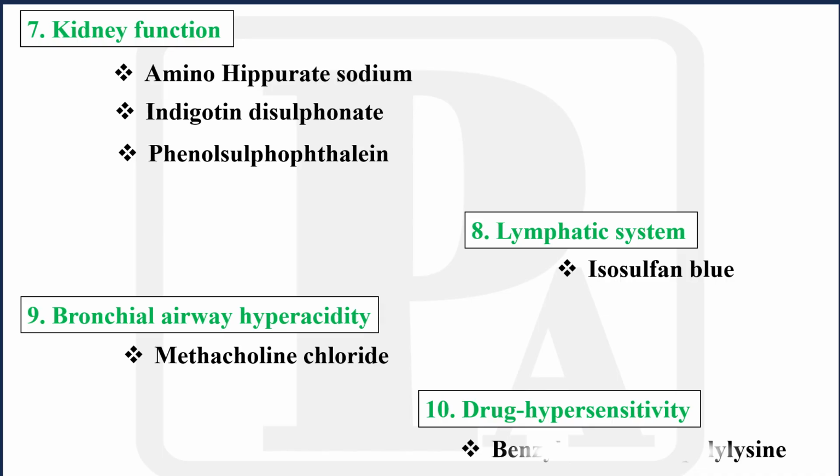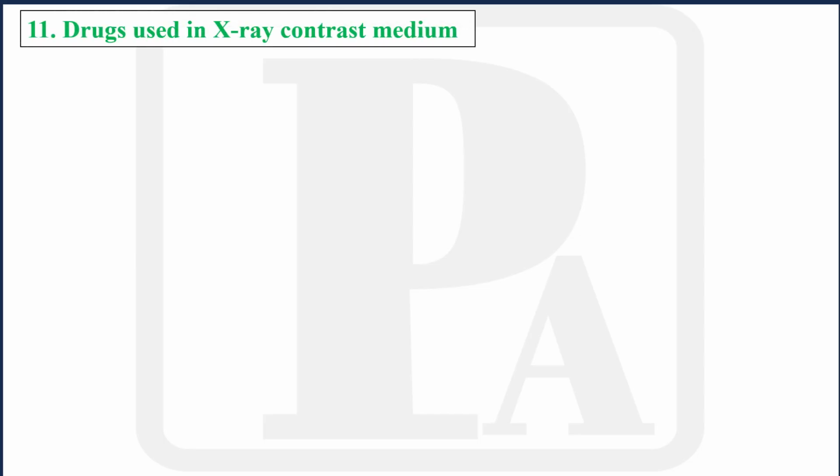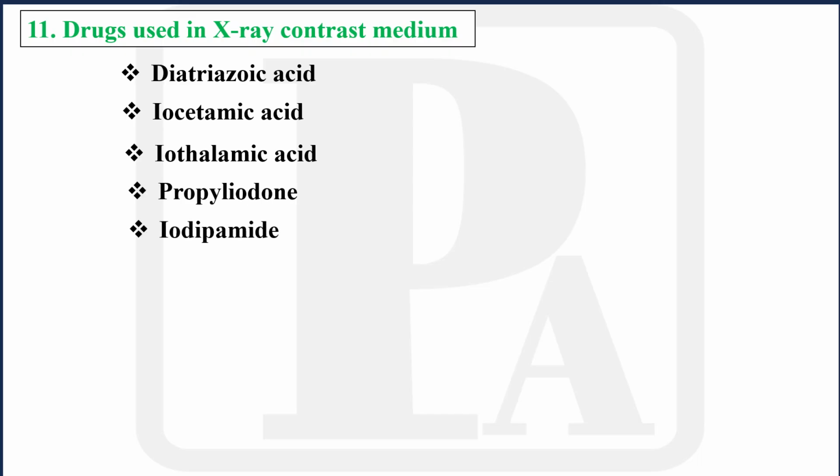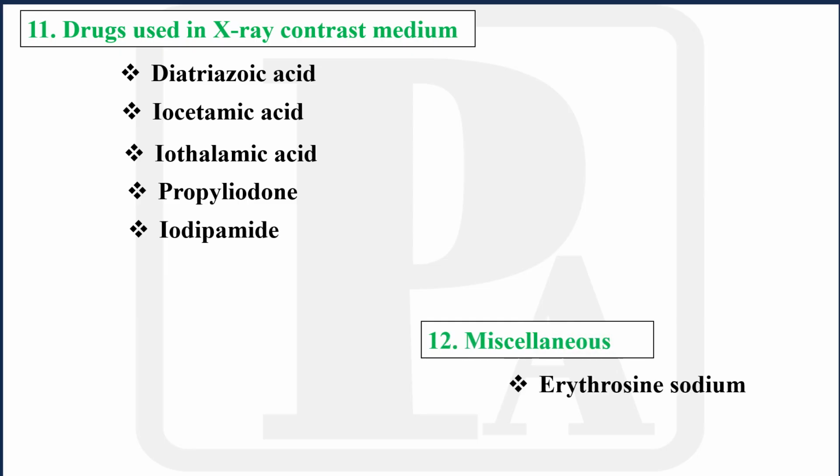Example is benzyl penicilloyl polylysine. The next type is drugs used as X-ray contrast media. Examples are diatrizoic acid, iothalamic acid, propyliodone and iodipamide. The last type is miscellaneous. Examples are erythrosine sodium and Evans blue. So totally 12 types are there.